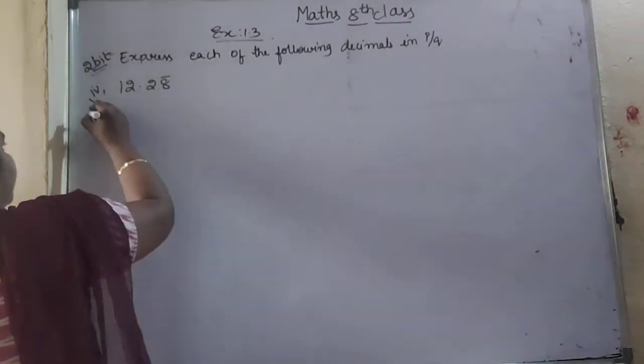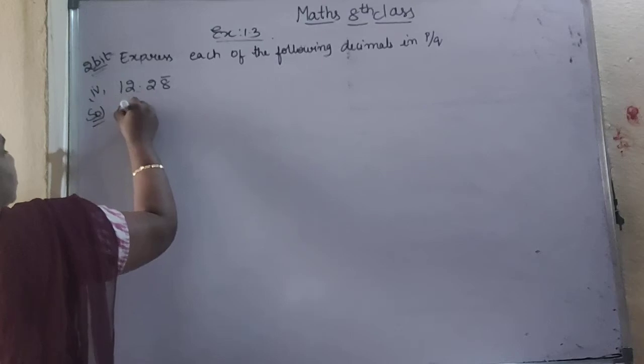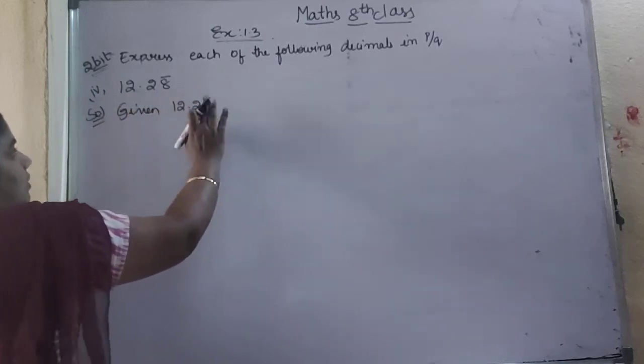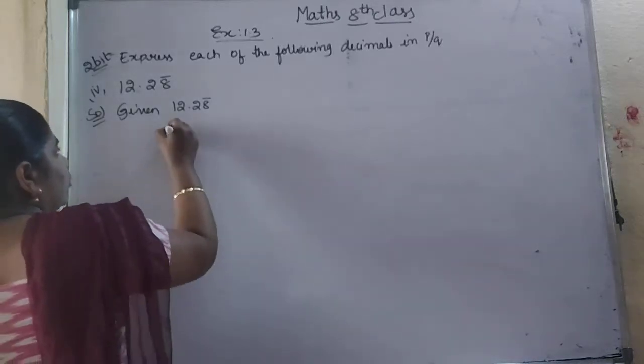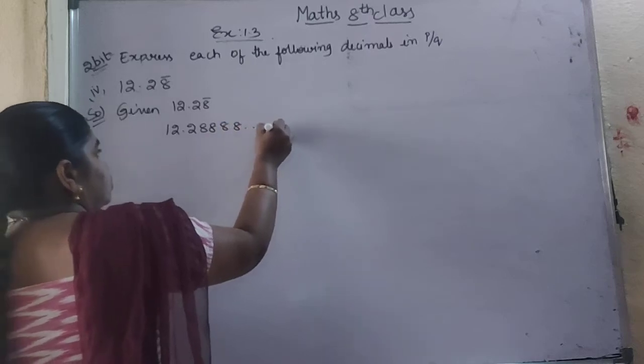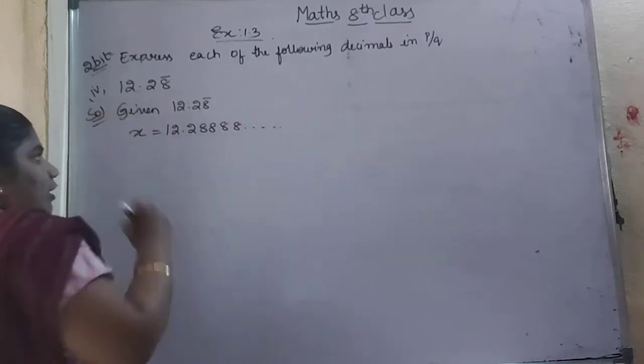So 8 will be repeated so many times. So given 12.28 bar, this 8 should be repeated more number of times. So 12.28, 8, 8, 8 and so on. So this will be the x value.